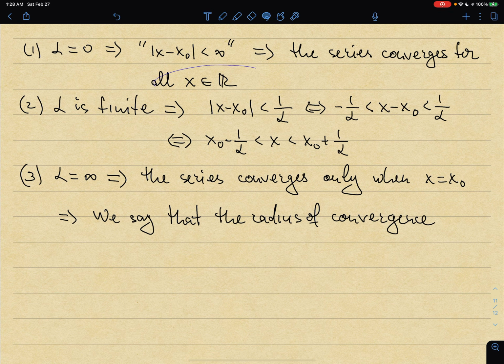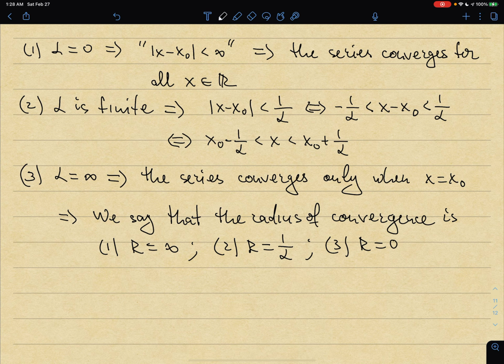Infinity in case number 1, right? Because you can go up or down by an infinite amount. So in case 1, r is infinity. In case 2, the radius of convergence is 1 over alpha. And in case 3, the radius of convergence is going to be actually 0.